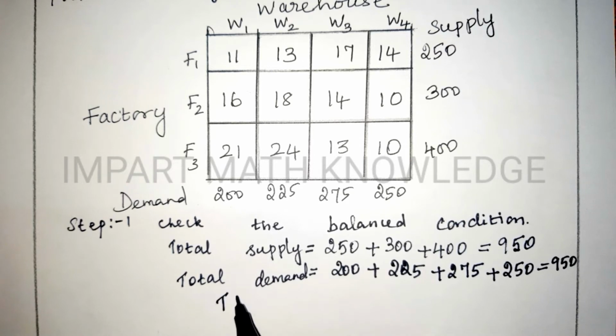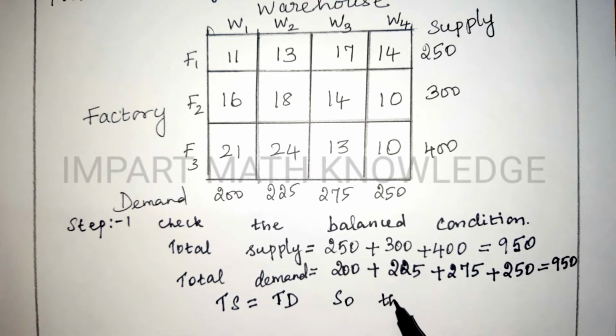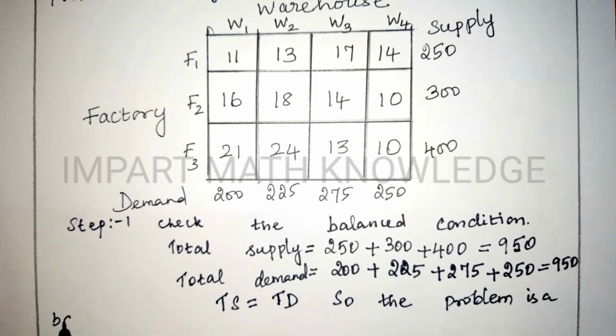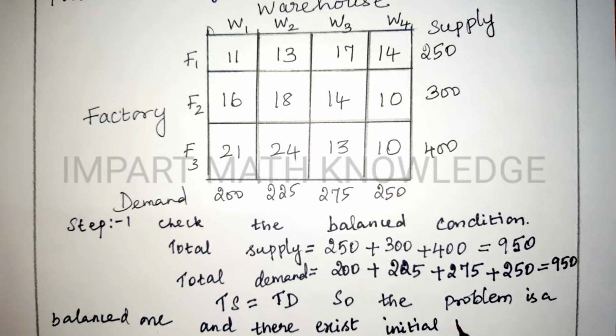Here total supply is equal to total demand. So the problem is a balanced one, and there exists an initial basic feasible solution.